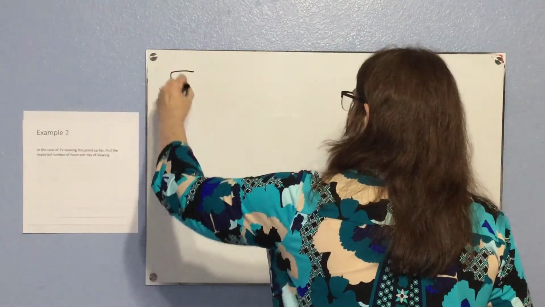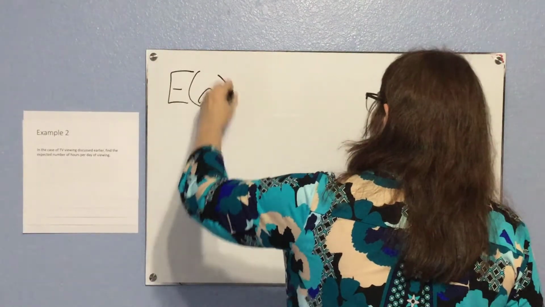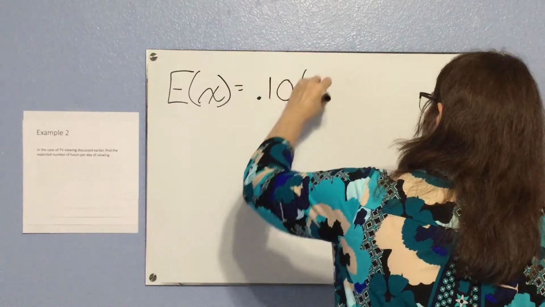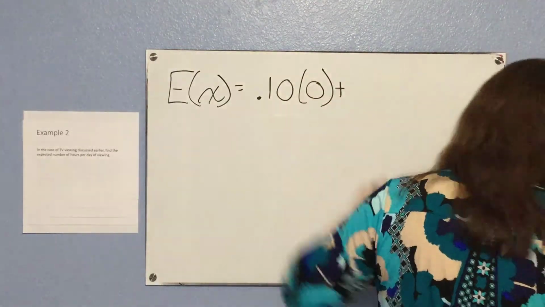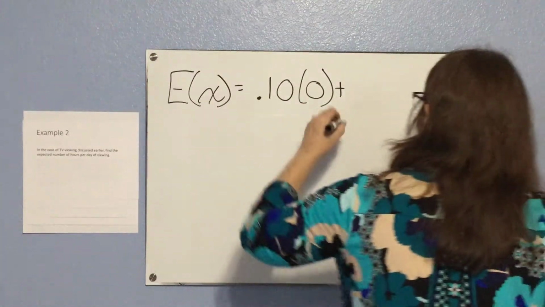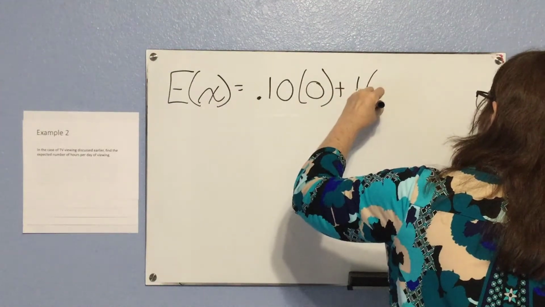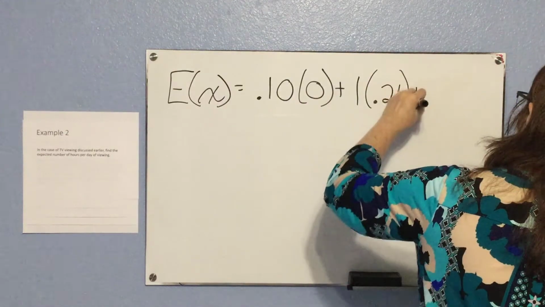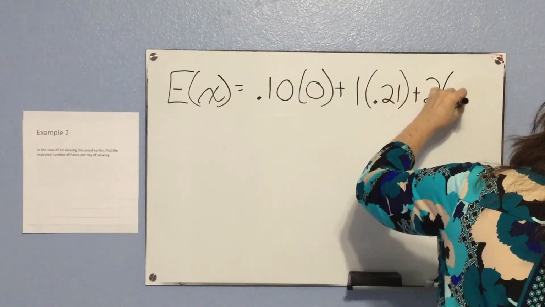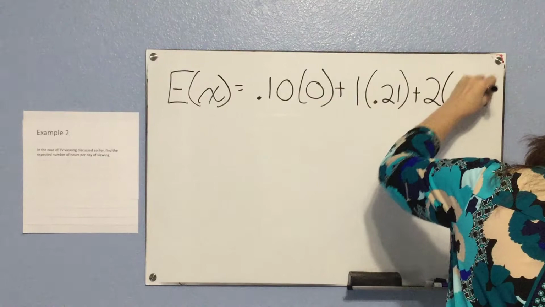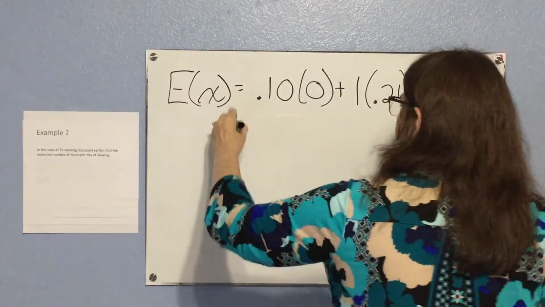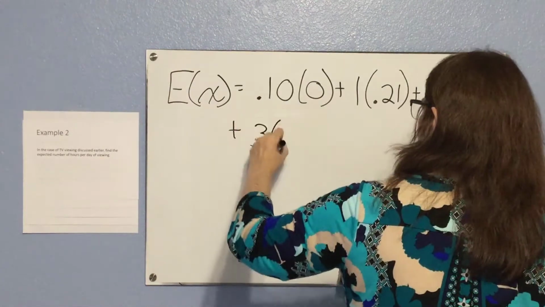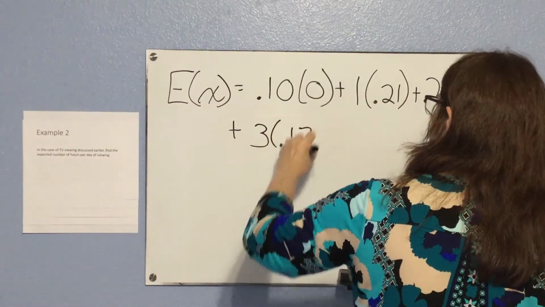So my expected value of x is going to equal 0.10 times 0 plus 1 times 0.21 plus 2 times 0.28, and I'm just going to continue on. Try to be a little bit consistent here.